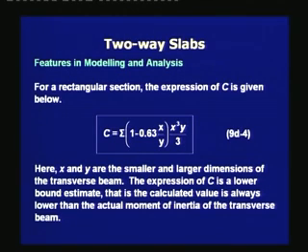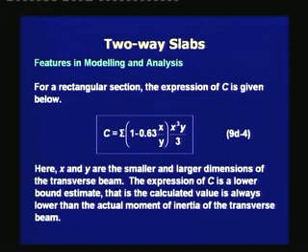The summation is taken over the component rectangles of a compound section, which we shall come to later, but let us first understand what x and y are. Here x and y are the smaller and larger dimensions of the transverse beam for a particular rectangle.